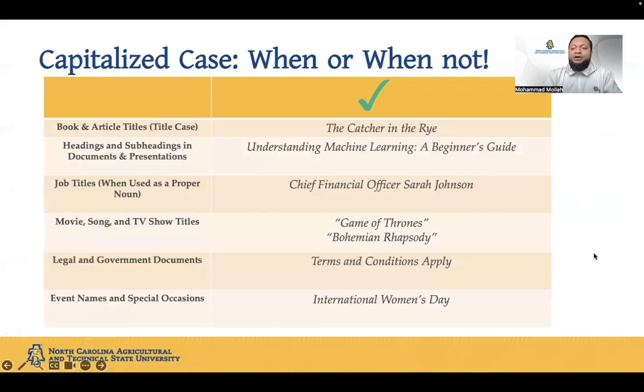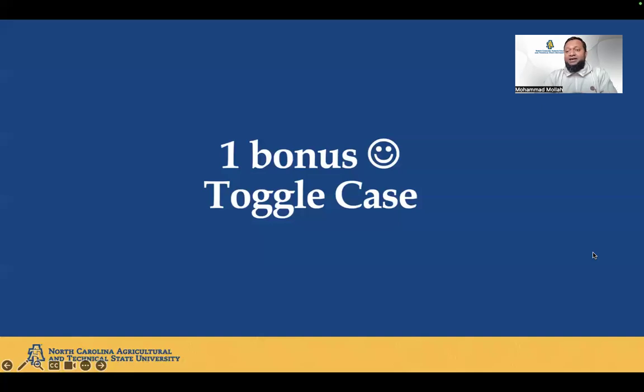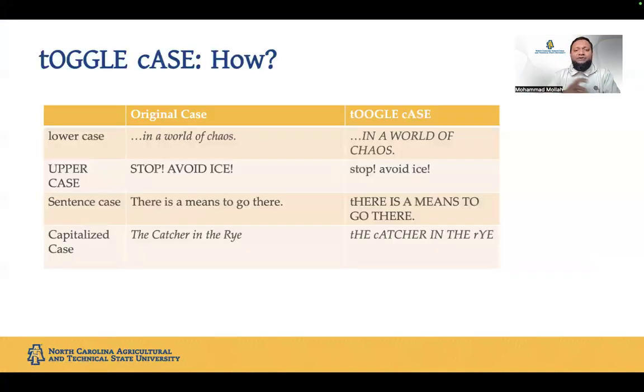Now, since you were very kind to listen to me carefully, I thought I should give one bonus case, that is toggle case. This is a very funny way of communicating. What it does is change uppercase and lowercase letters into the opposite.